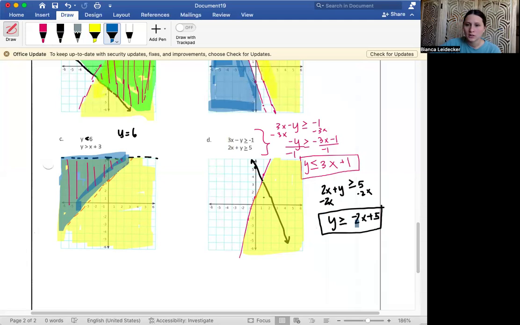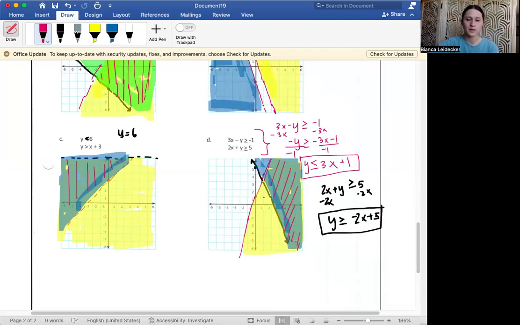Y is greater than or equal to the black equation, meaning above or to the right. That's over here. So where they intersect is this little section right here.